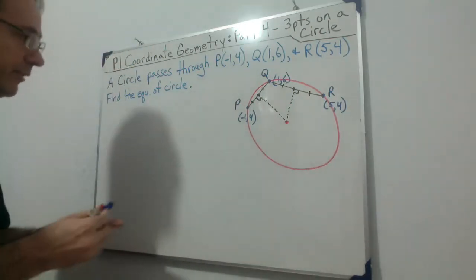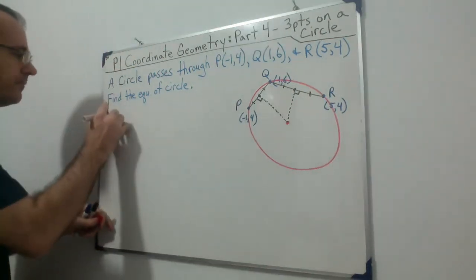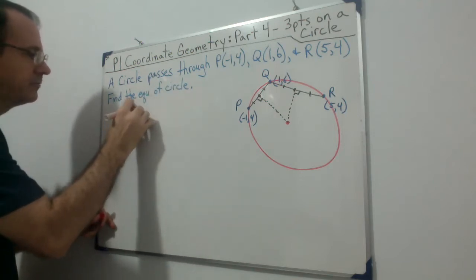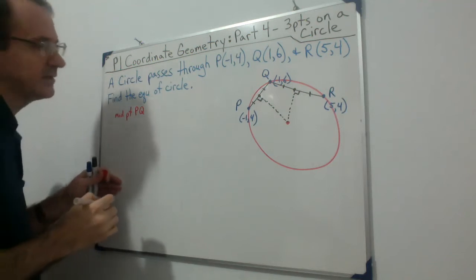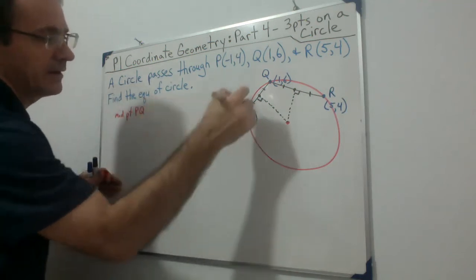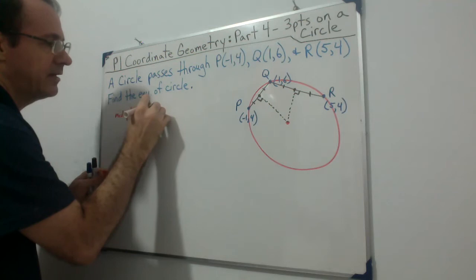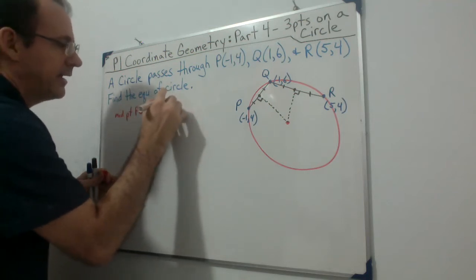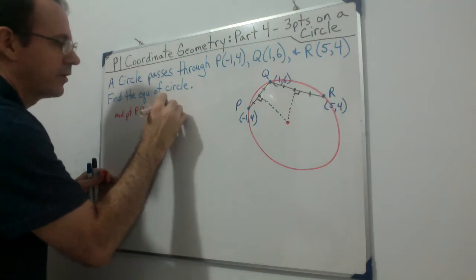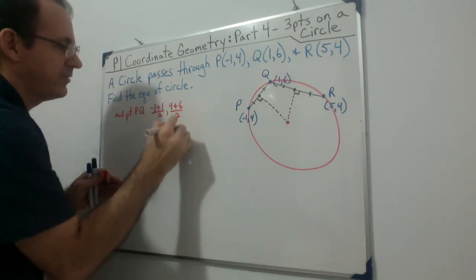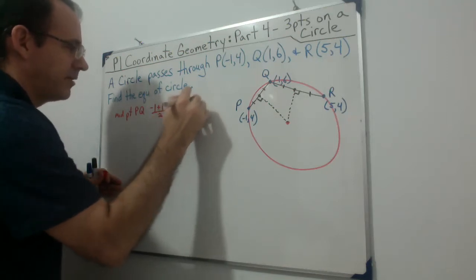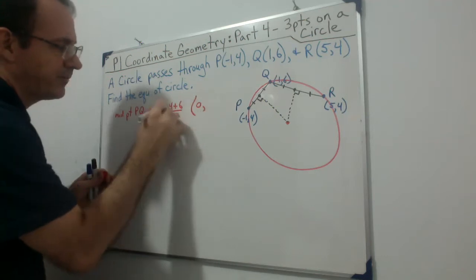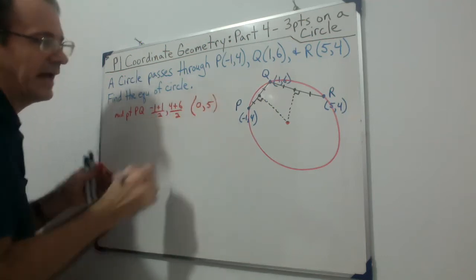So the first thing that we're going to do is we're going to look for the midpoint of PQ. And the midpoint of PQ is -1 plus 1 divided by 2 and 4 plus 6 divided by 2, which means that our midpoint is 0. 0 divided by 2 is 0, and 10 divided by 2 is 5.